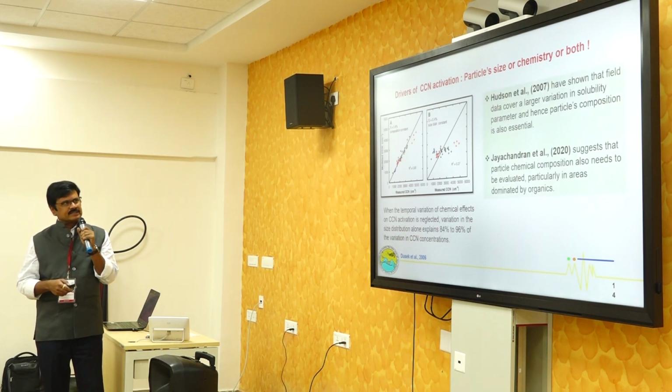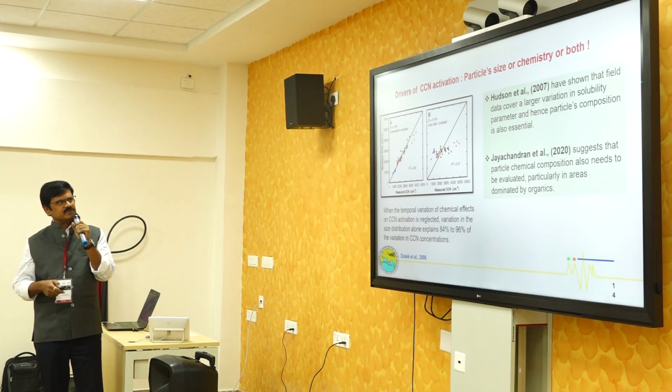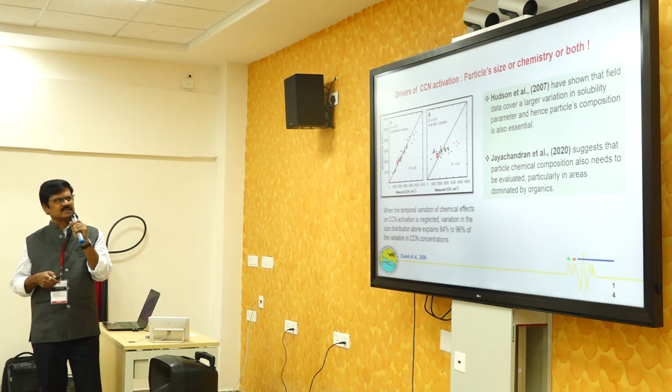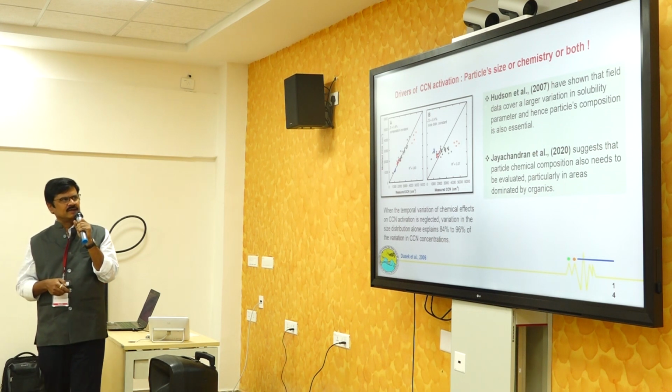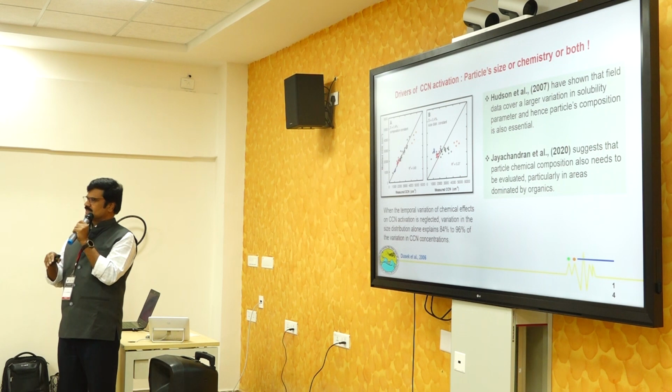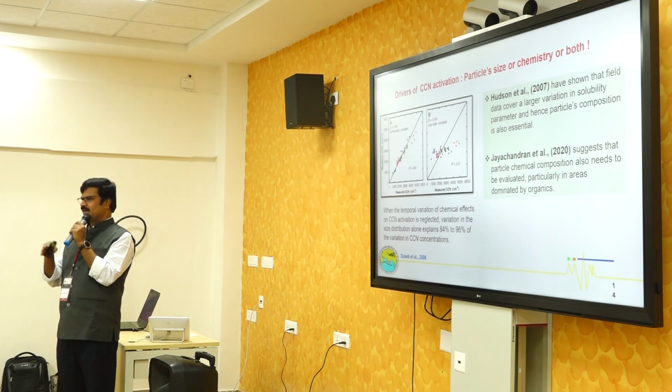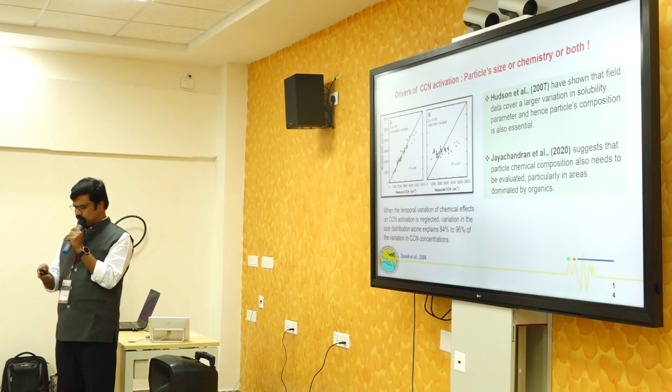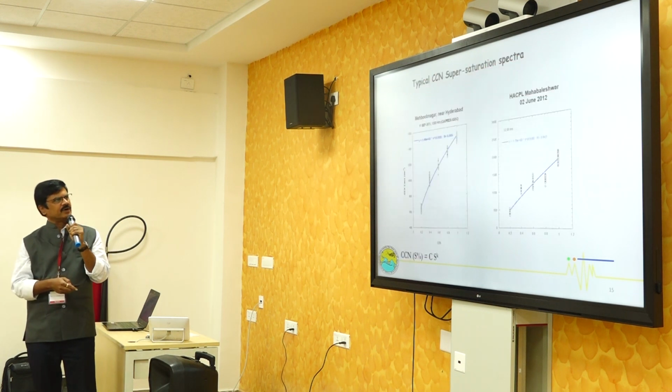But Hudson showed a large variation in the solubility parameter, and hence he says particle composition is also very essential. So there are studies showing size is more important than the chemistry, but the chemistry is equally important.